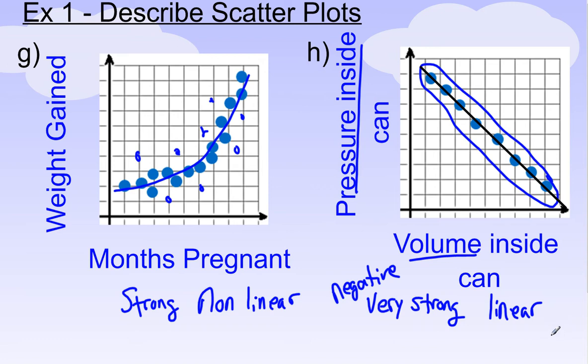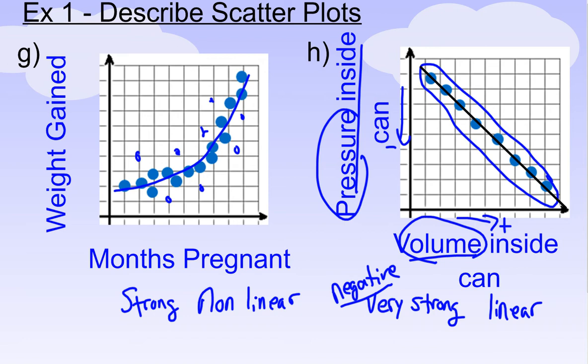All three of those words describe the relationship between those variables. Negative because as one variable is going up, the other is going down. As volume is increasing, the pressure is decreasing. Strong because they fit this line perfectly, and linear because the data fits a straight line.